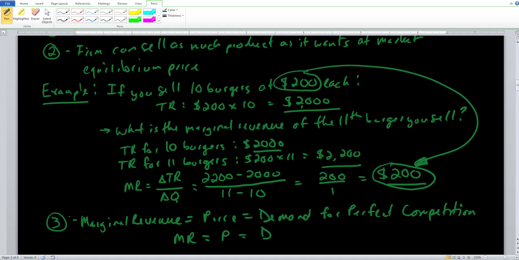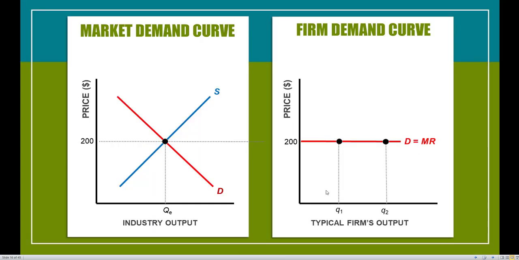So three features of the graphical analysis that we did for the firm working under perfect competition. Number 1, we have a horizontal demand curve. It's perfectly elastic at that market equilibrium price. Number 2, the firm can sell as much of the product as it wants at that market price, whether it be 1 unit to, say, an infinite amount of the product. And number 3, marginal revenue equals the demand curve, which also equals the market price.